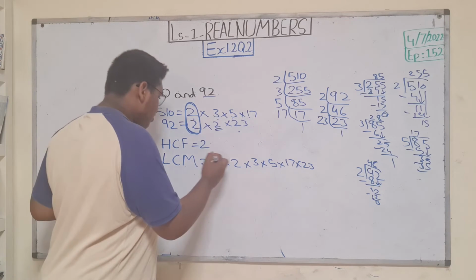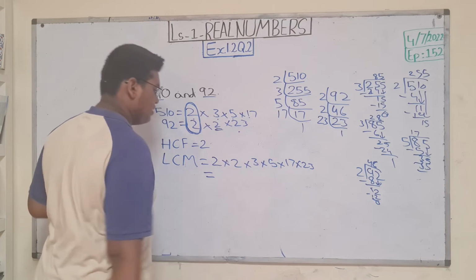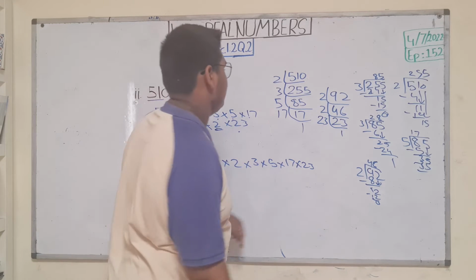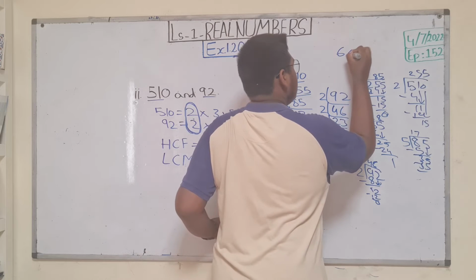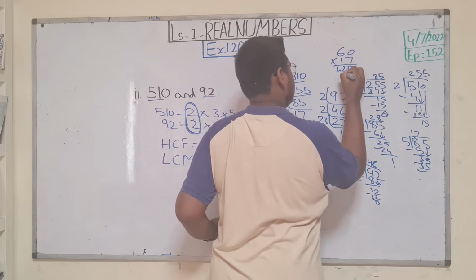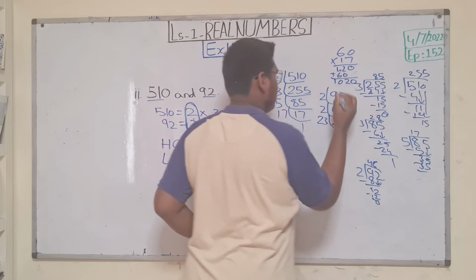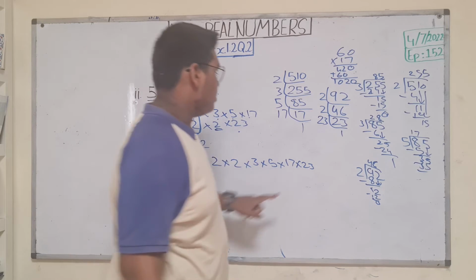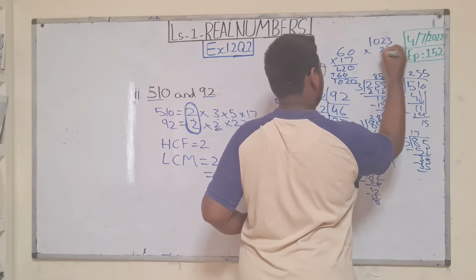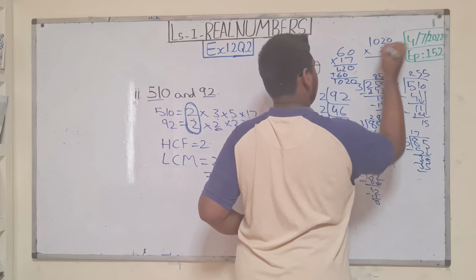Okay, now over here, if we find the final answer for the LCM, 2 into 2 will be 4, 4 into 3 is 12, 12 into 5 is 60, 60 into 17 is 1020, let me try. 1020 into 23, 1020 into 20, okay?